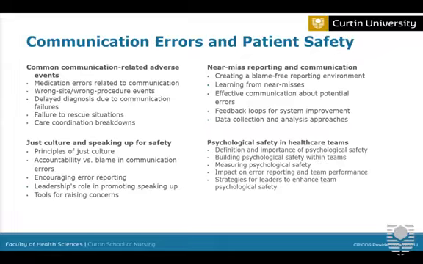So what we do is work effectively in our teams to build psychological safety within our teams. We're going to measure that impact. We're going to look at error reporting and team performance and the strategies that leaders will adopt to enhance team adoption. So that will be for you something to consider when you're 3, 4, 5, 6 years out as registered nurses.